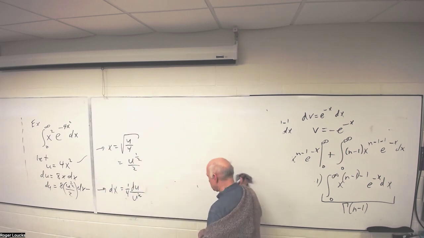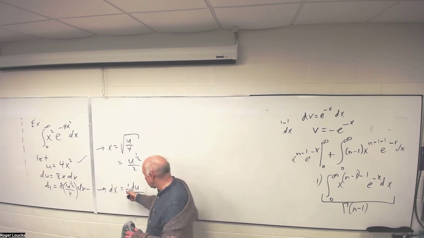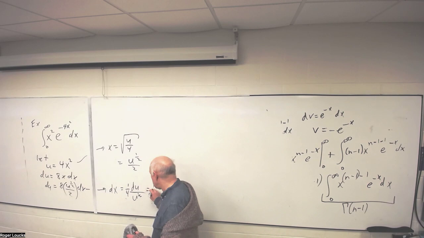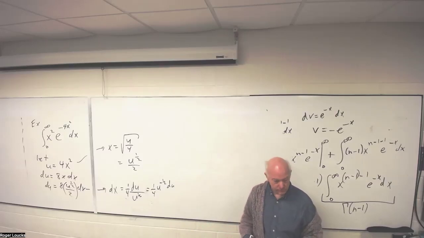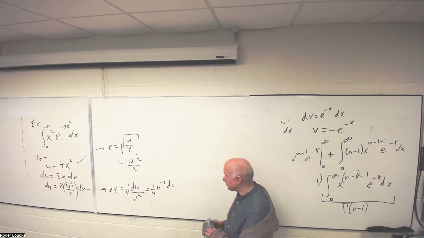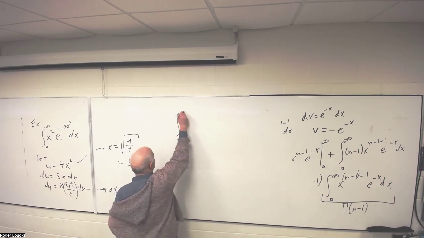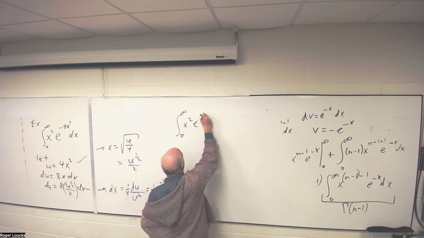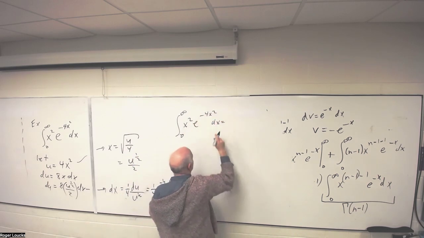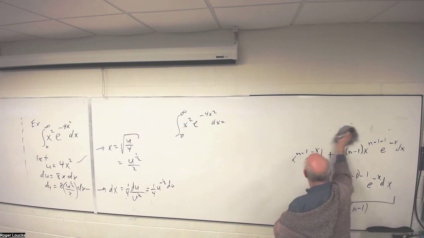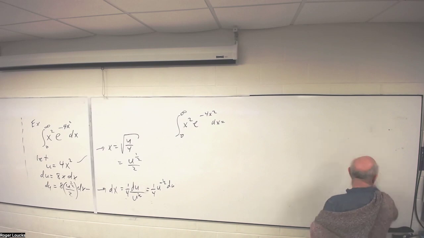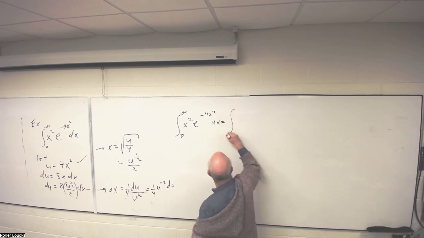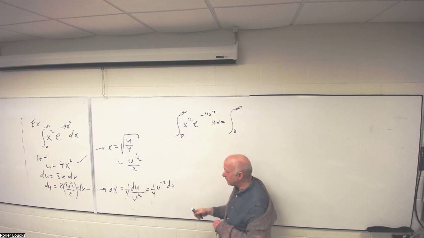Makes sense? Let's put it all together and see what we get. So I go from 0 to infinity, my limits don't change. What is my x squared?